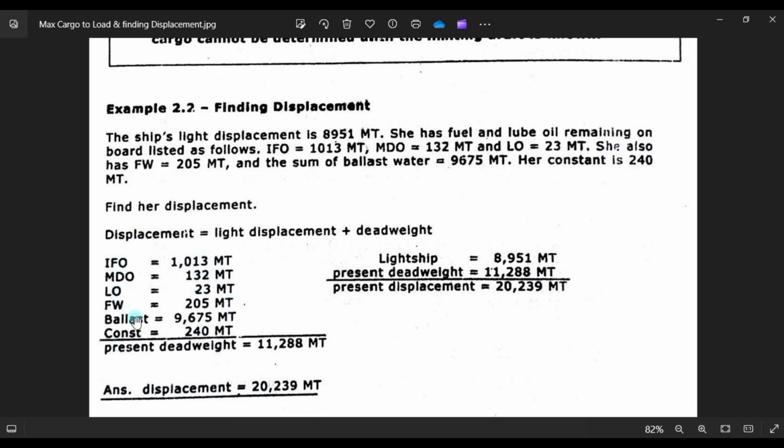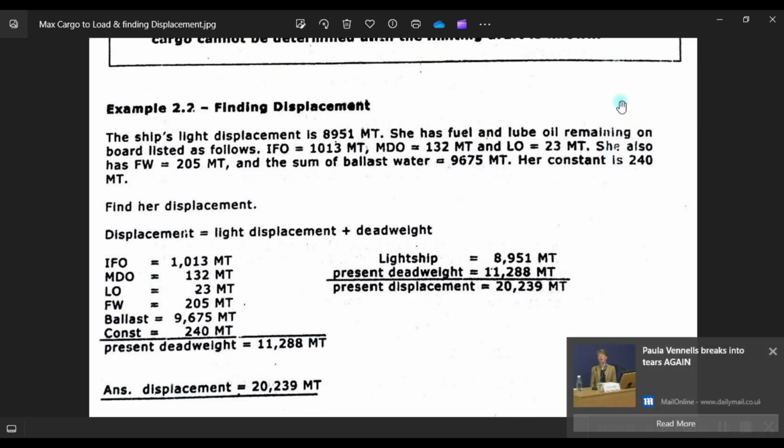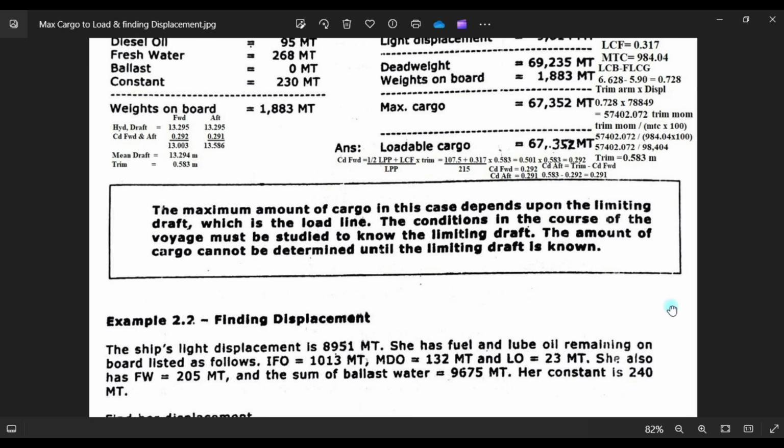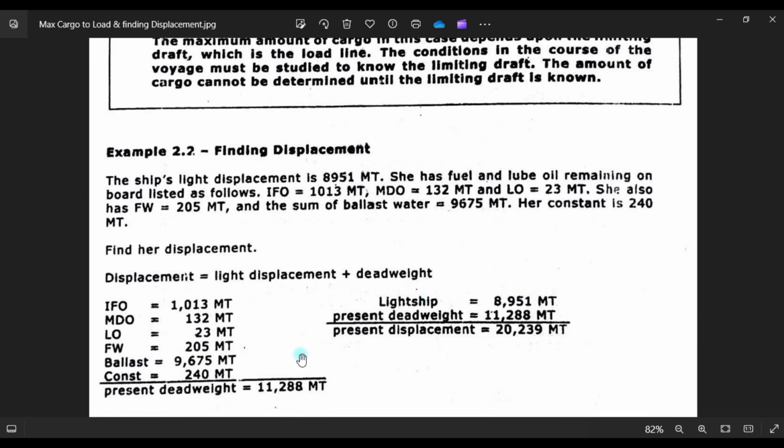This will be the remaining non-cargo weights, and her constant is 240. So the non-cargo weights plus your constant will be your present dead weight.